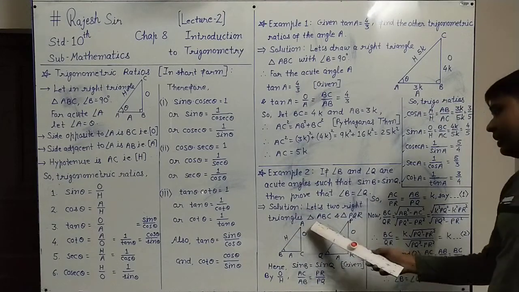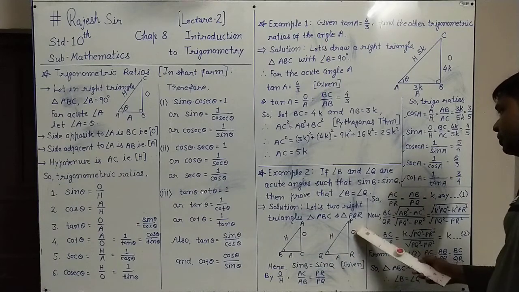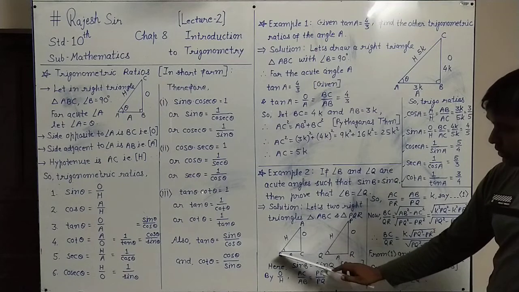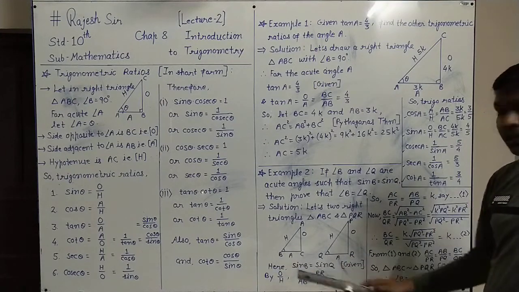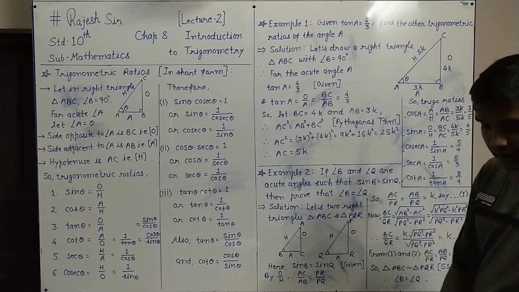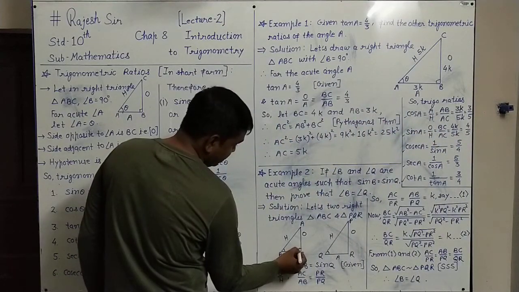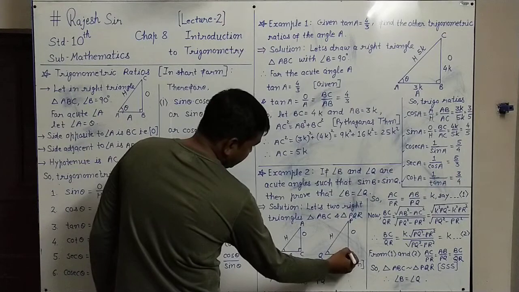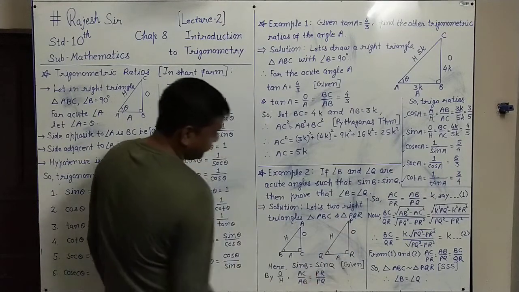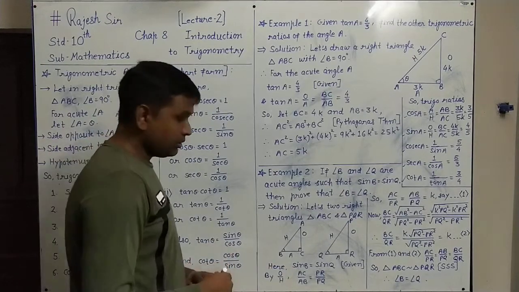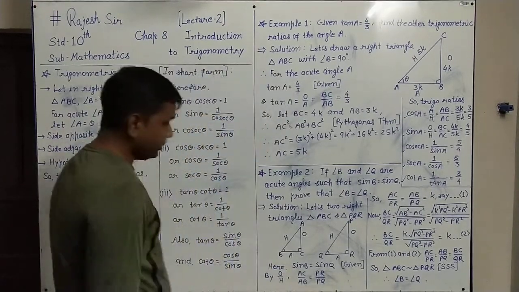We consider triangle ABC and triangle PQR. As B and Q are acute angles, we have shown B and Q positions on the acute angle side. And we have taken the right angle as angle C in triangle ABC and angle R in triangle PQR. B and Q are acute angles as given in the question, so we have shown it this way.